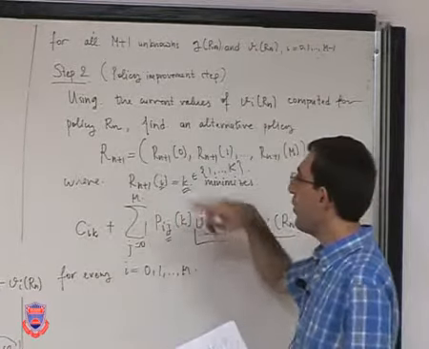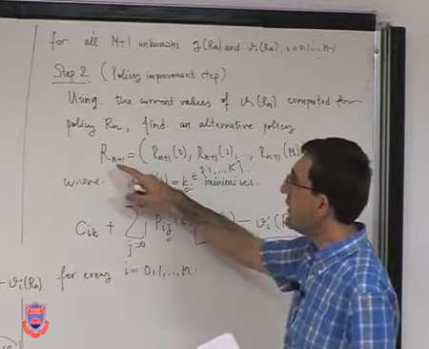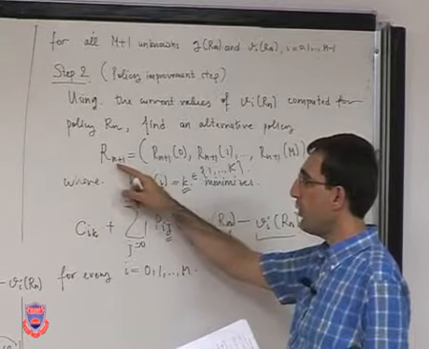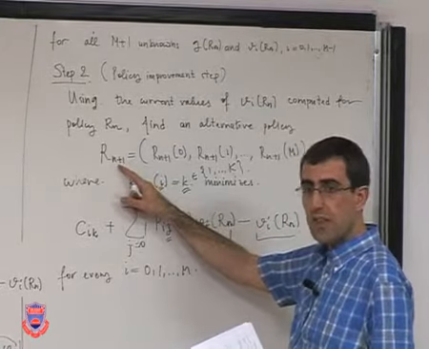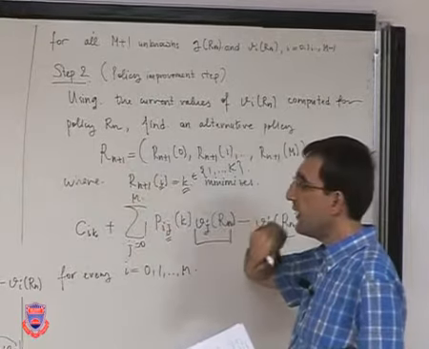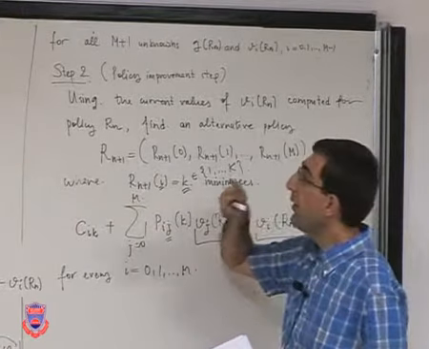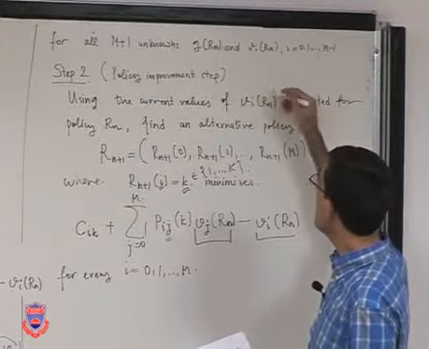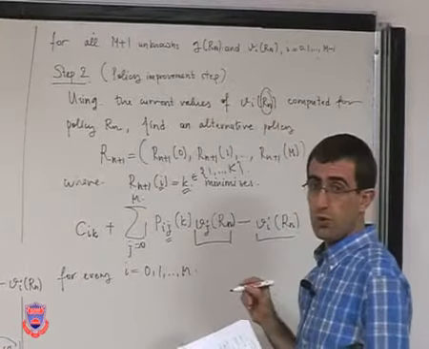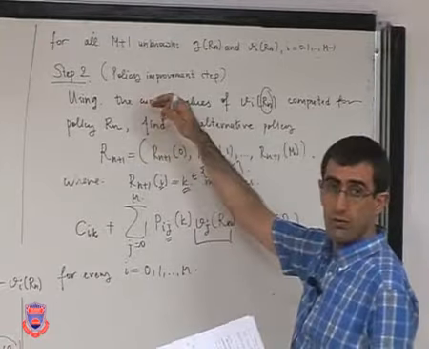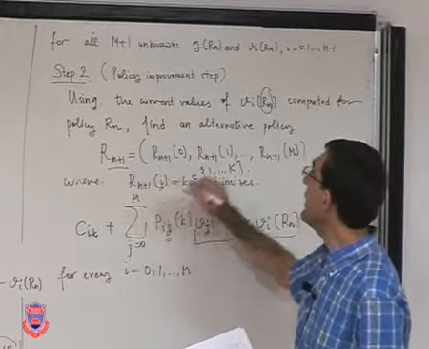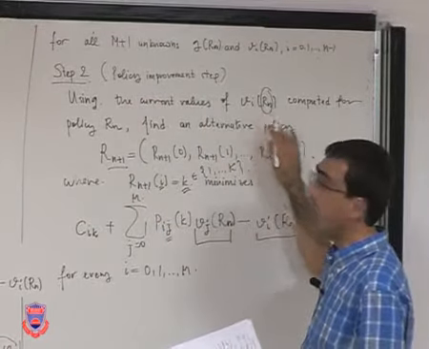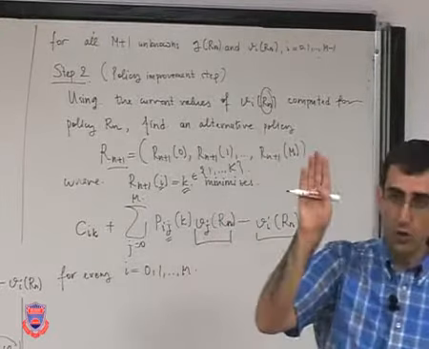In a moment, I am going to show that the long-run expected average cost per time unit for this new policy is at least as small as the long-run expected average cost per time unit for the policy that we worked out up to this point. So Rn plus 1 is at least as good as Rn in the sense that the cost is not going to go up.